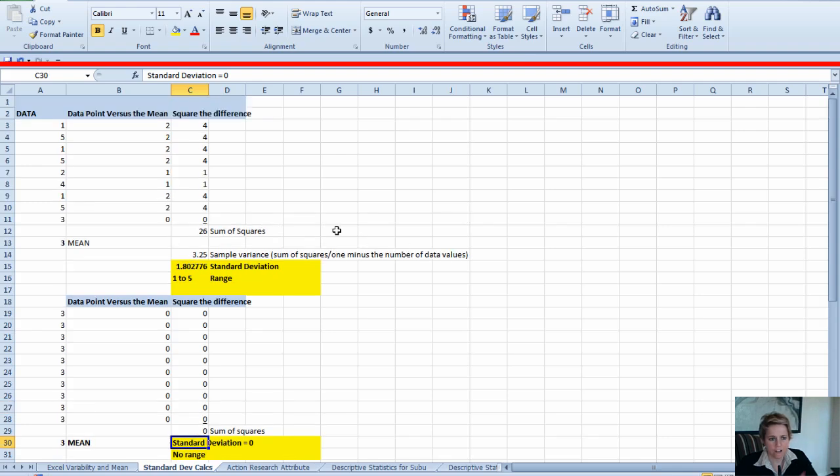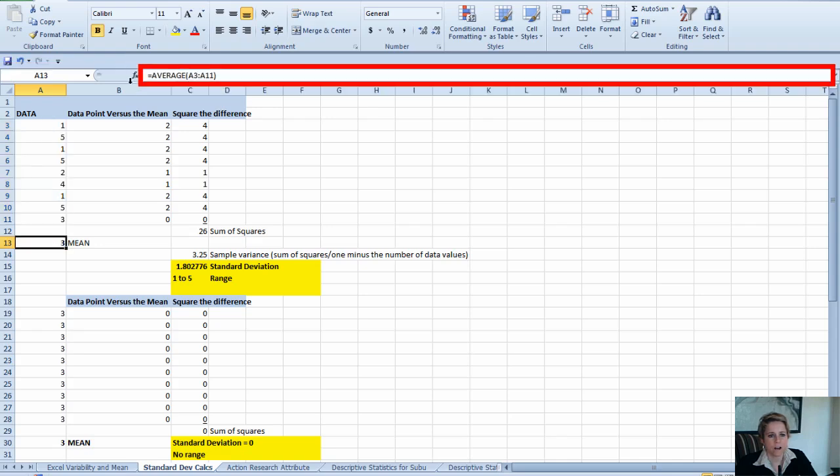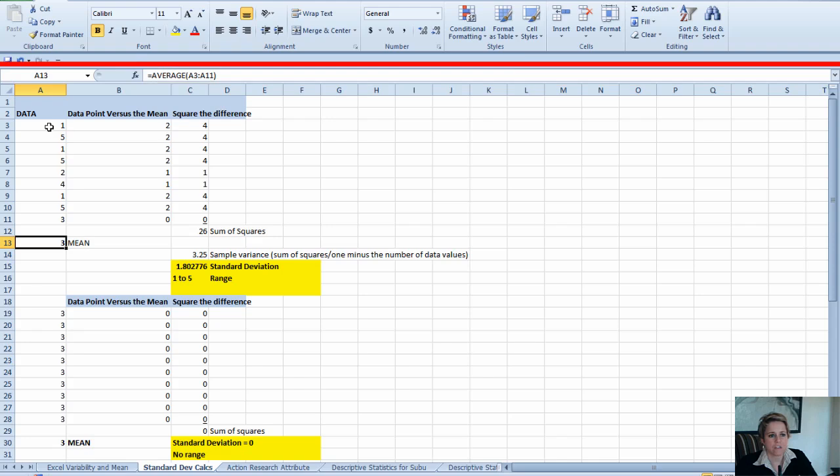On the other hand, the one that I just showed you above with the variability, if you average this to get your mean, here's your formula, equals average A3 through A11 equals the mean. Now then, if you subtract each data point from the mean, and you would do absolute value in this case, so there are no negative numbers.